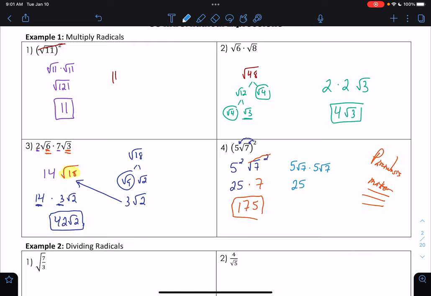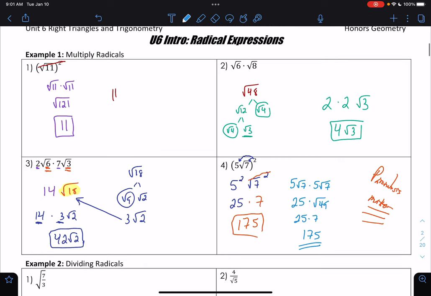The square root of 7 times the square root of 7 is the square root of 49. The square root of 49 is 7, so 25 times 7 is 175. It still gives you the same thing using that idea of what an exponent is: repeated multiplication.